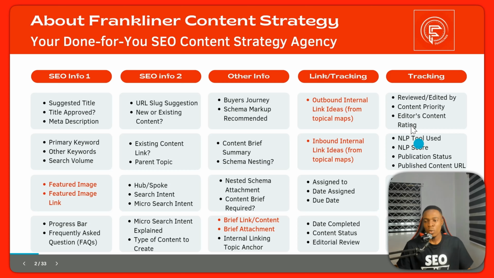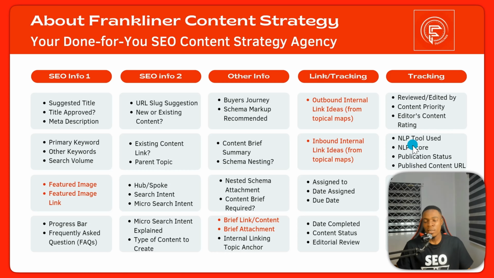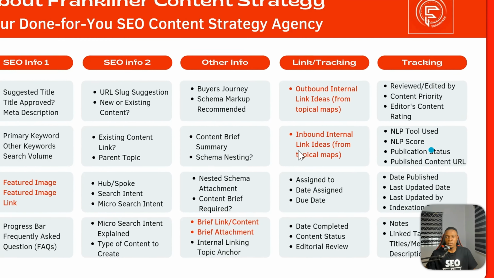There's a column for content tracking and indexing status. For example, when your content is yet to be indexed, you can change the status to let your team members know that this content has not been indexed. Maybe you have to resubmit it or build new backlinks to the page to index it faster.